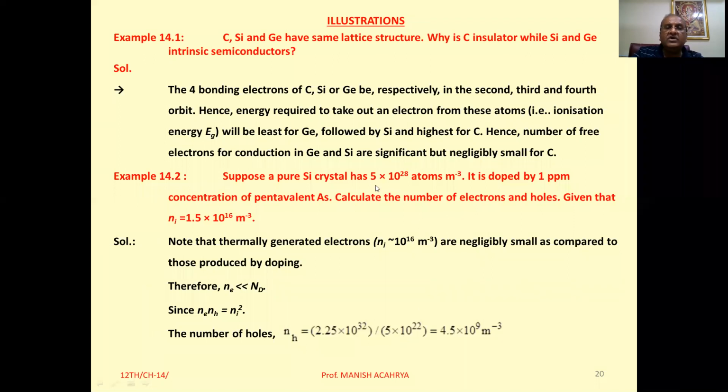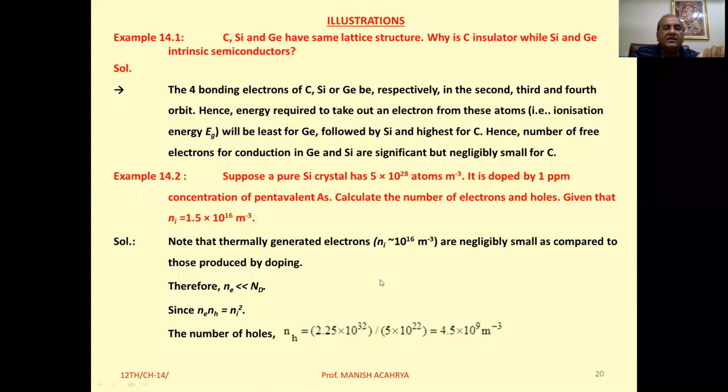See here, total number of atoms are 5 into 10 raised to 28, and per 10 raised to 6, one particle is doped. It implies that in 5 into 10 raised to 28, you can accommodate a total of 5 into 10 raised to 22 impurity atoms.